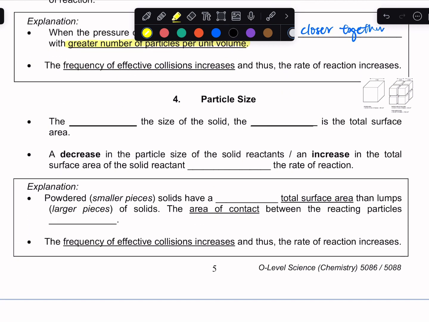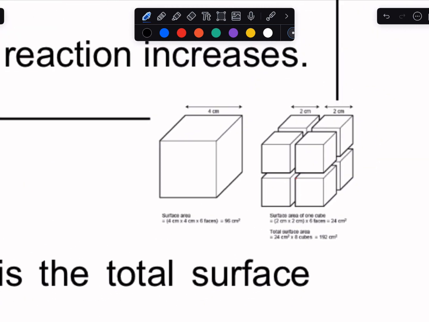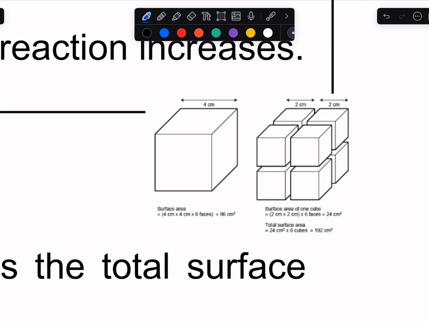The last factor that you will learn is on particle size. So we know that the smaller the particle size of the solid, okay, the greater or the larger is the total surface area. What do I mean? If you look at this diagram here, okay, say I have a cube that's 4 by 4 by 4.